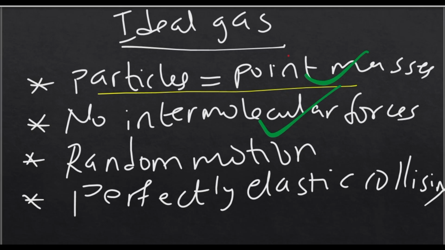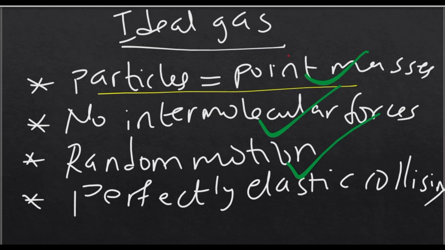And when we say random motion, we don't mean they should be moving in curves. They should still move in straight lines, but the motion should be random, not in one particular axis, not only along the x-axis or y-axis, but in random directions, still in straight lines.